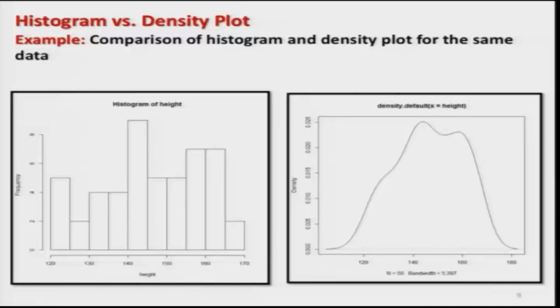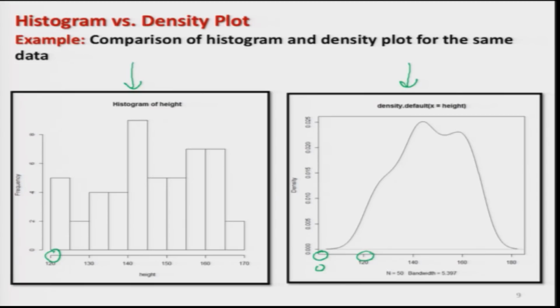Okay. Now, if I plot the histogram and this density plot side by side, it will help you in comparing the two. You can see here I have plotted the histogram of the same data, and here is the Gaussian kernel plot. One thing you have to keep in mind is that the histogram is starting from 120, whereas the kernel density plot is starting with 0.